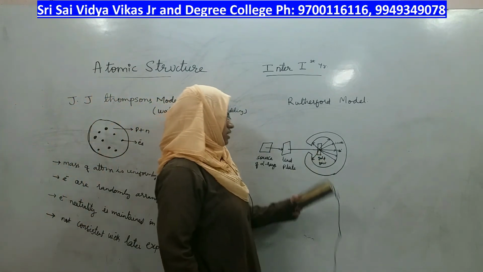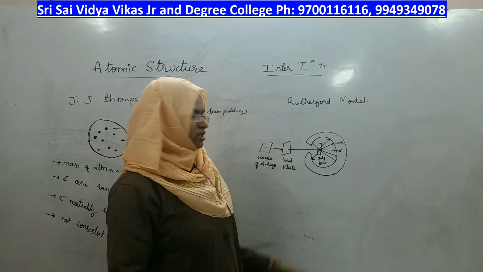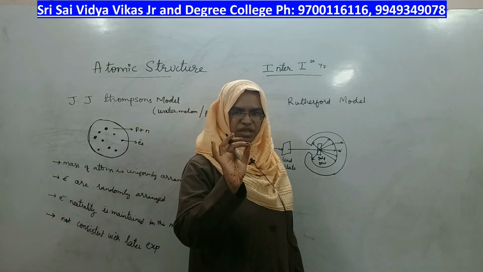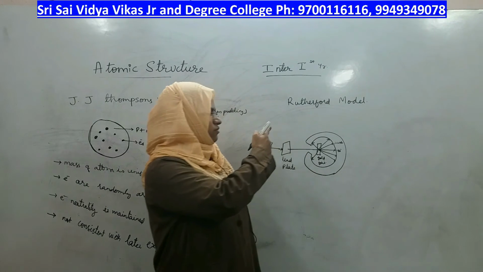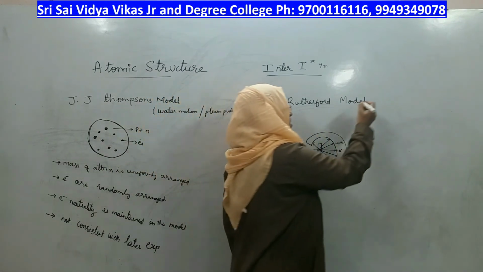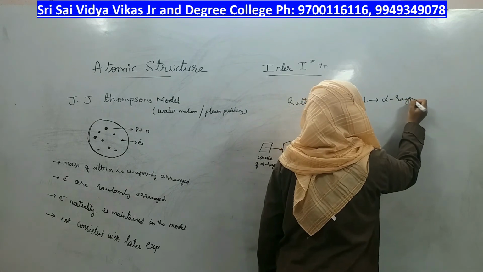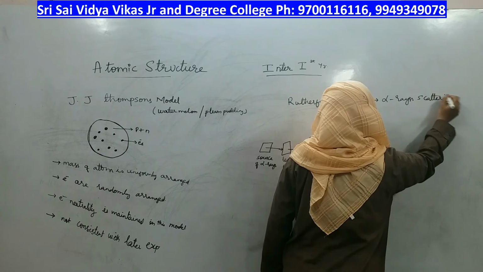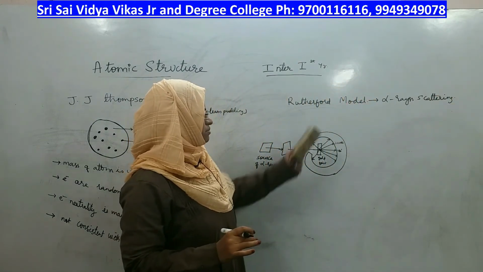Rutherford also performed an experiment to show that the atom's arrangement is something else. It is not what J.J. Thomson has told. What he has used is alpha rays scattering. Therefore, his experiment is called the alpha rays scattering experiment.